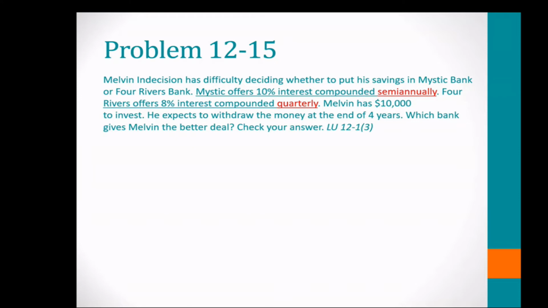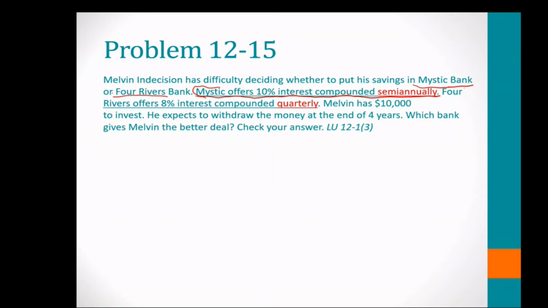Look, what is this example? Melvin has difficulty deciding whether to put his savings in Mystic Bank or Four Rivers Bank. He's confused about where to save his money. Mystic offers 10% interest compounded semi-annually.